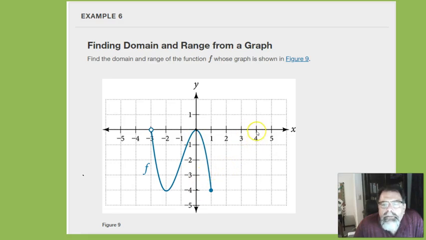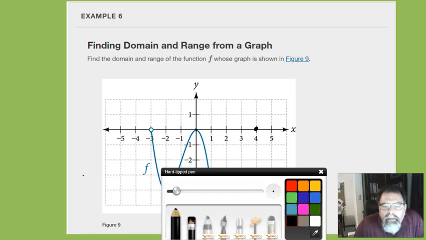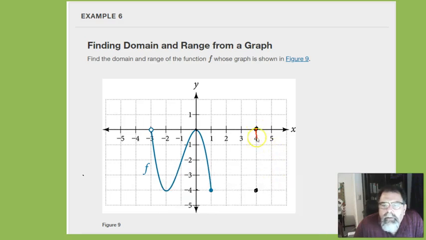It actually hits here because of this one, even though that one's open. And it's all the points in between, all the way down to -4. So we'll do that one in red. That's going to be my range.